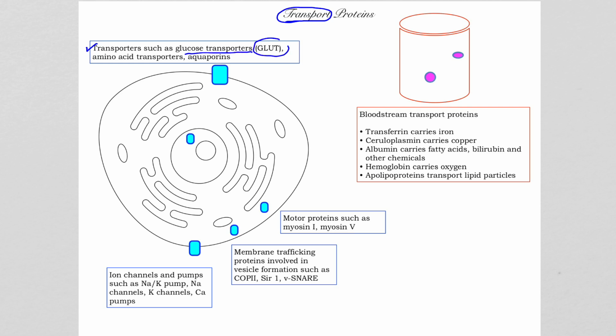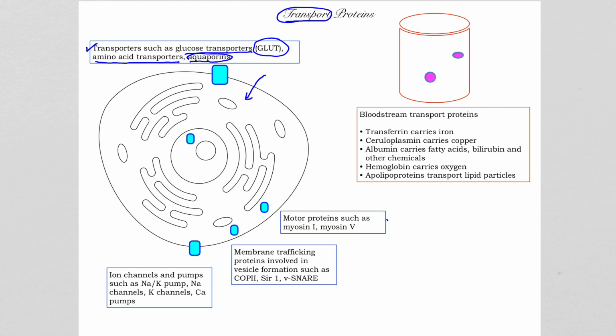We'll talk about this a lot in metabolism, the GLUT1, GLUT2, and so on. Then we have protein transporters for amino acids, and then we have protein transporters for water, the aquaporins. So all of these proteins help transport organic or inorganic chemicals across membranes in a cell.